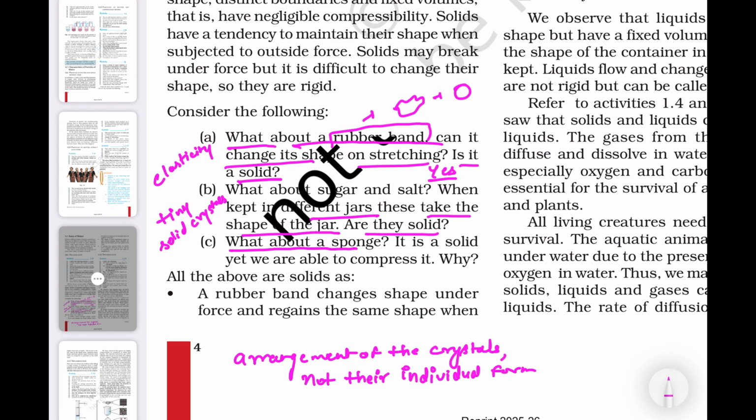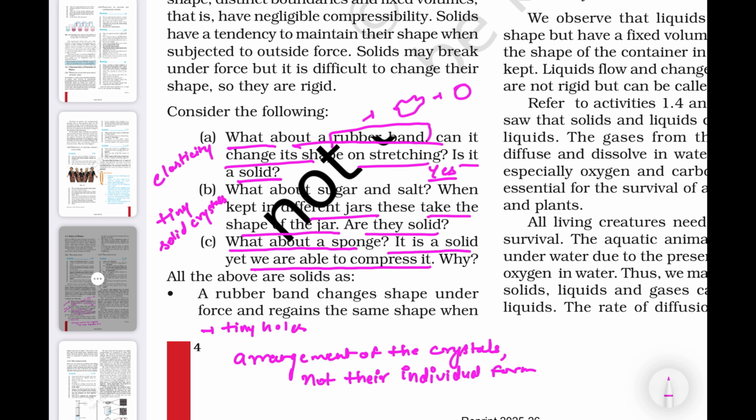The third question is, what about a sponge? It is a solid, yet we are able to compress it. So how is it able to be compressed? The reason is that a sponge has tiny holes that we call pores, and these pores are filled with air.